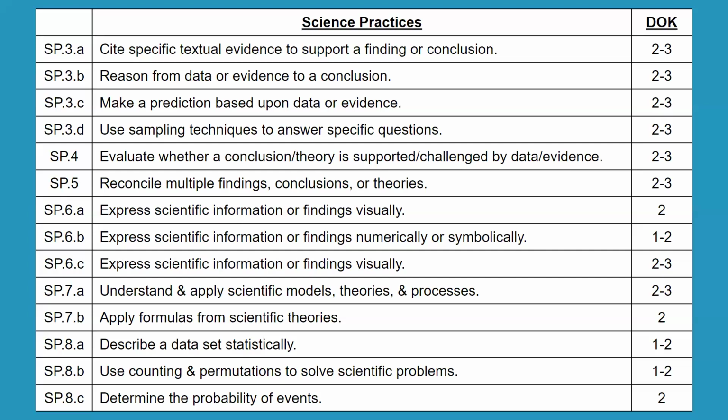So these aren't particular content topics, but these are skills. And so each question is going to involve one of these skills. GED claims that it is only one science practice and only one content area for each question.